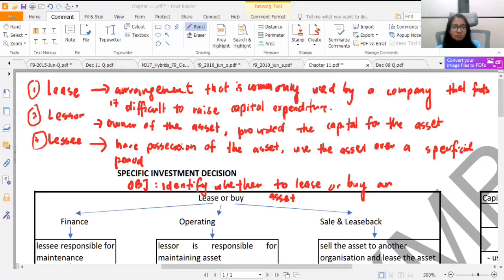Now, why is it that normally people choose leases over buying? Because you know that when you lease, you need to pay a certain amount of cash for a fixed period. Example, you need to pay $500.